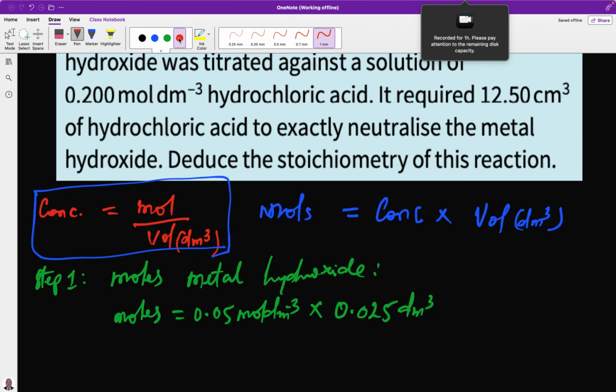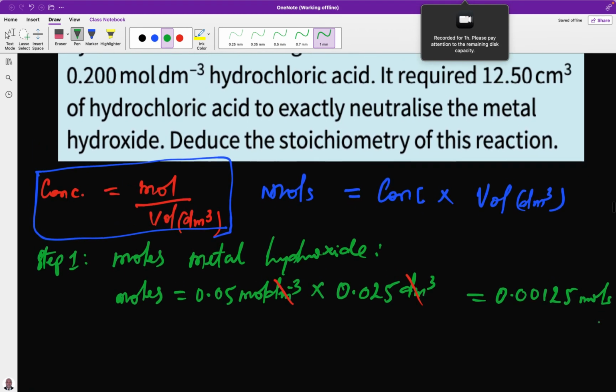Let's cancel the units out. Per dm³ will cancel this one. Our moles will now be 0.00125 moles. That will be the moles of metal hydroxide.